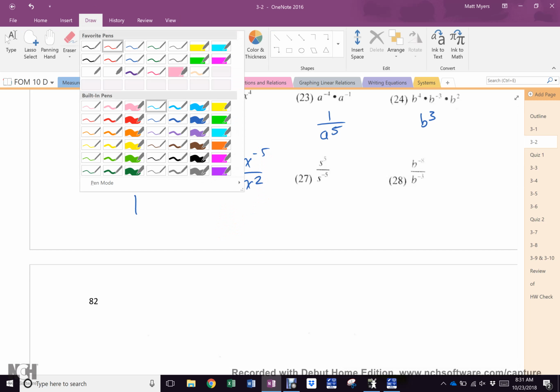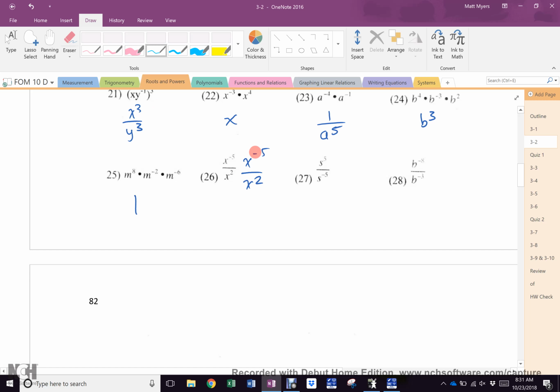Now, listen, again, I'm going to take a moment here because apparently the shortcuts and the laws are not working very well for a great many of you. So again, I'm going to remind you that if you actually know what is going on, then you can always do this. What is wrong with this expression here? What part of this is not okay? Negative exponent. It doesn't exist, does it?